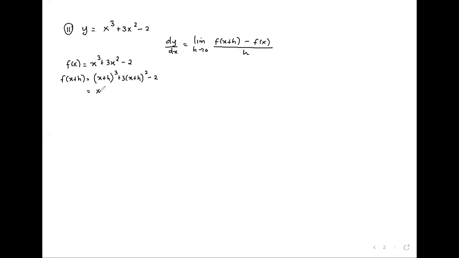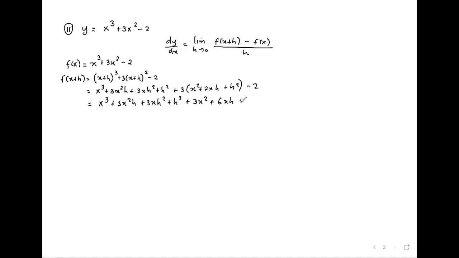We expand this, it will give us x3 plus 3x squared h plus 3x h squared plus h3 plus 3x squared plus 6xh plus 3h squared minus 2.